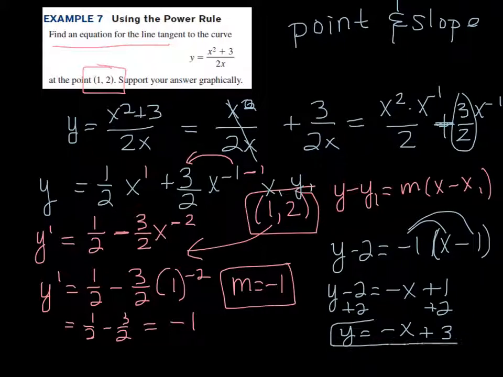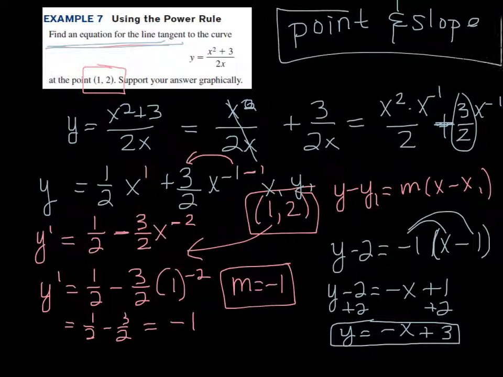That, my friends, is the answer to the question I'm being asked. That is, find the equation for the line tangent to the curve. Knowing that I always need a point and a slope, and knowing that the derivative is the slope. All right, we will work more on these, I promise.